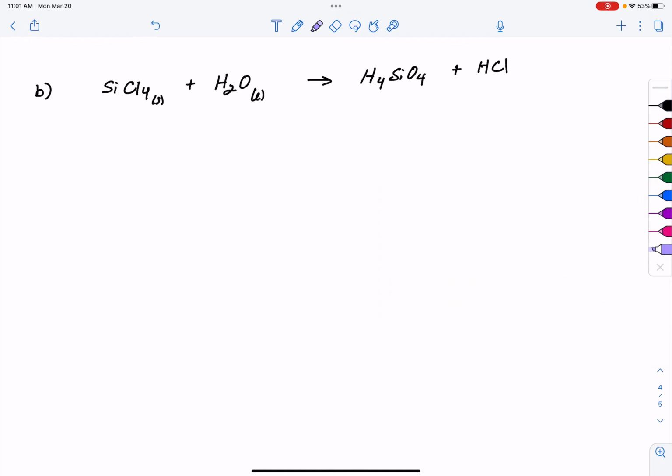Let's start with our silicons, just because it's what's written first here. I have 1 silicon atom on my reactant side, and looking at my product side, I also have 1 silicon atom. So 1 atom Si, 1 atom Si. Looks like so far we are balanced.